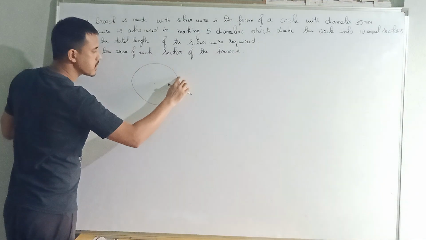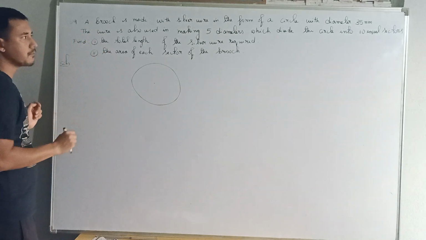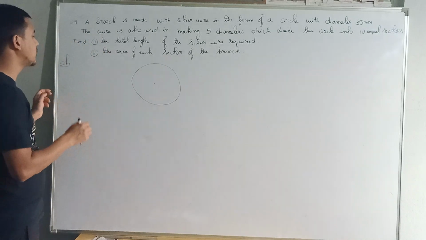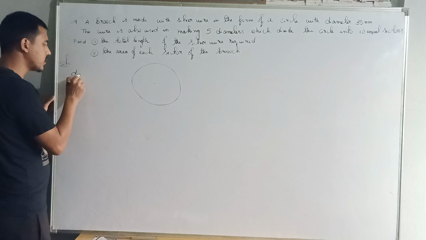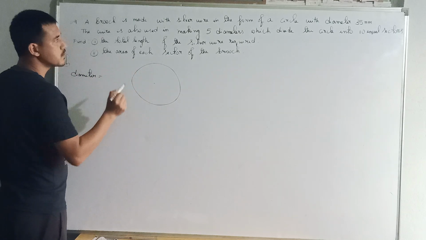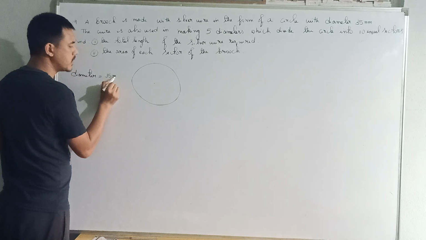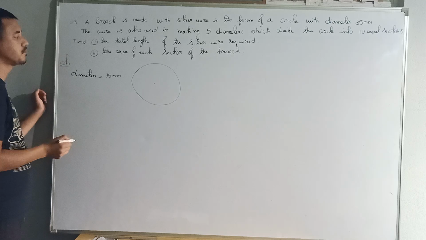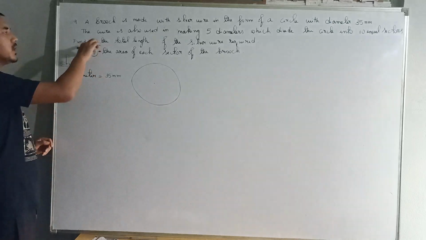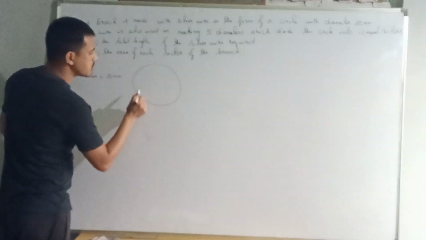So this circle is made with a silver wire, and the diameter of this circle is 35 millimeters. The wire is also used in making 5 diameters. So with the help of the same wire, I'm going to draw 5 diameters.